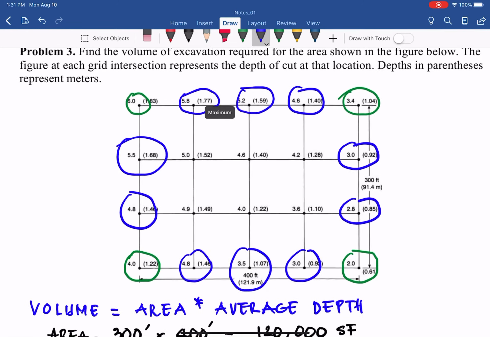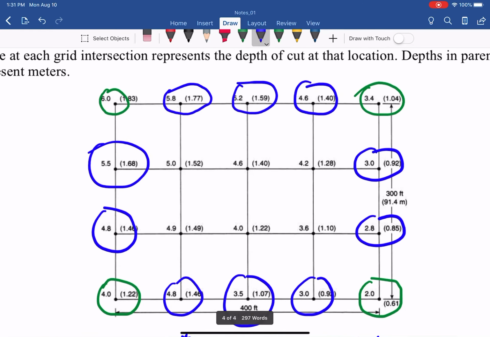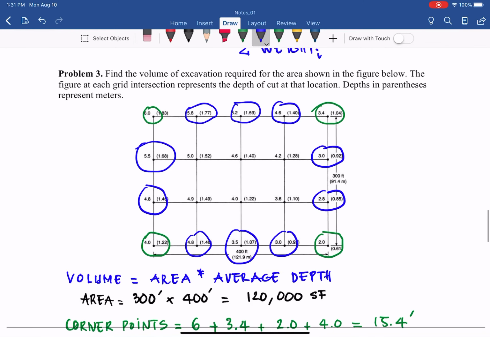But for the border point, we have two. For example, at the 5.8 point here, we have one angle there, one grid there, and one box in there. So the weight will be different for the corner points and the border points, so we have to treat them differently.